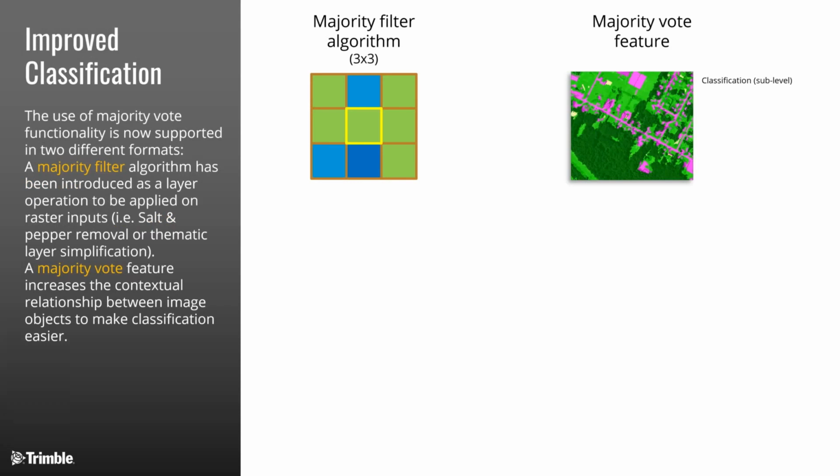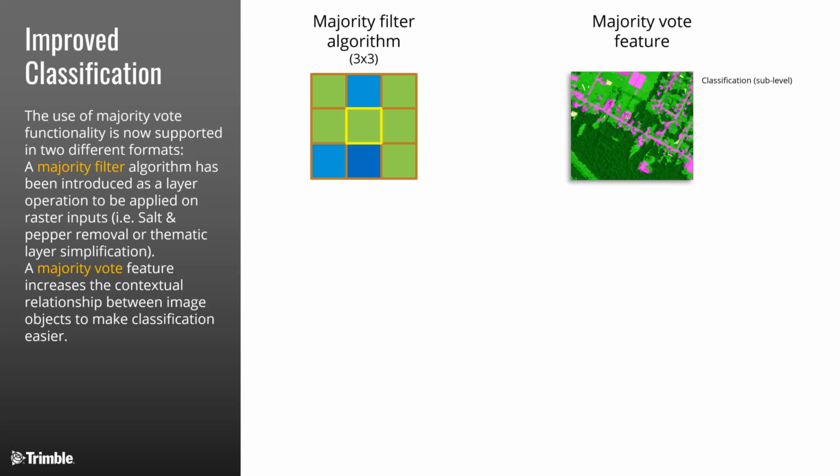All right, this one was long on our list. It was nice to see it on the wish list within the eCognition community as well, and we said let's go after this. We wanted to look at this topic of majority vote, and we actually ended up going with two different options.